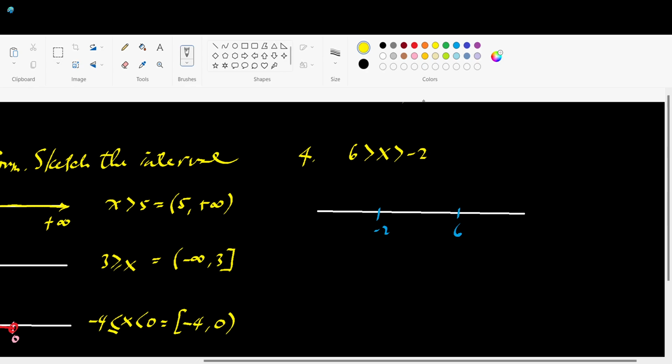So that means open at negative 2, open at 6, and all the numbers in between. That is equivalent to the interval negative 2 to positive 6, open at both ends. Right?